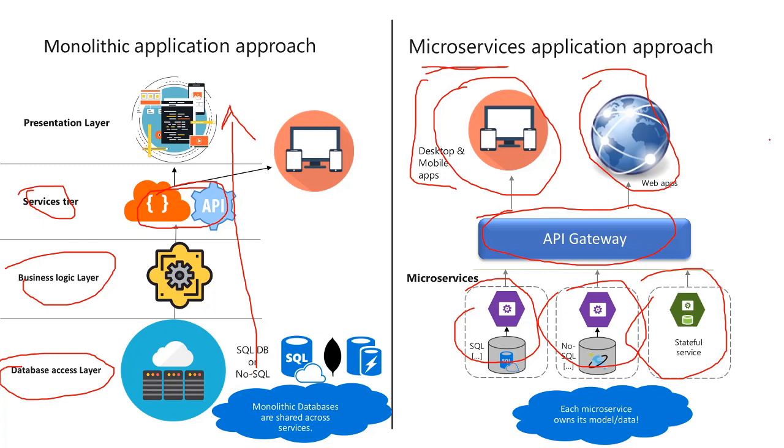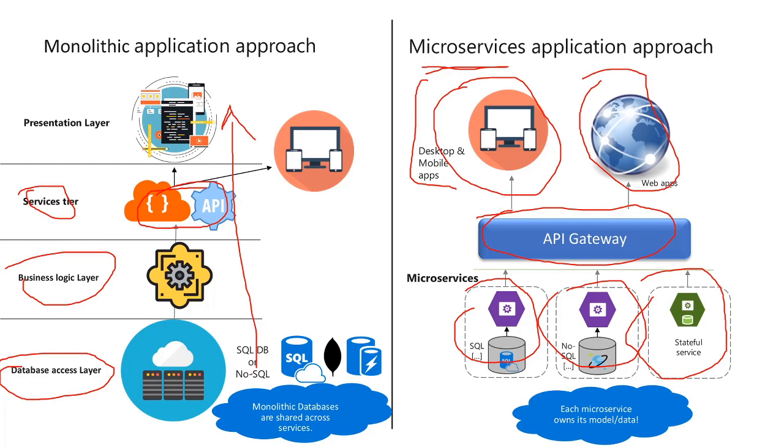Microservices are deployed independently with their own database per service. So as you can see in our image here, microservices allow us to scale and deploy parts of the application independently.